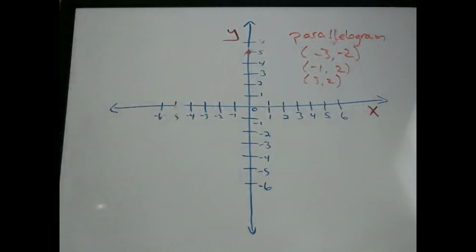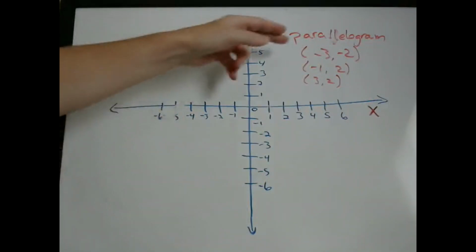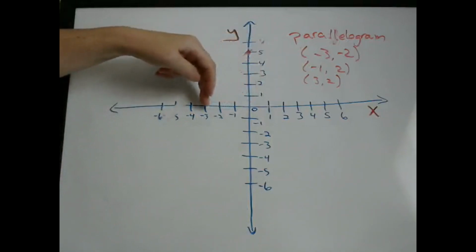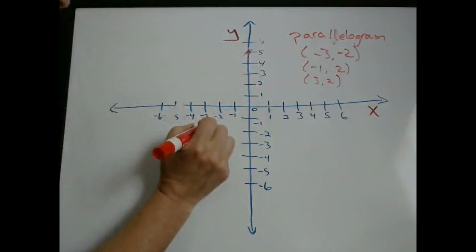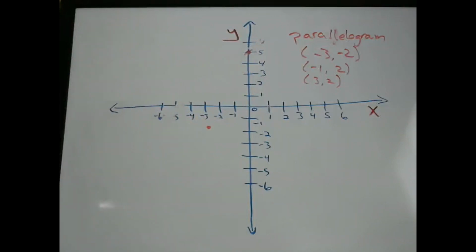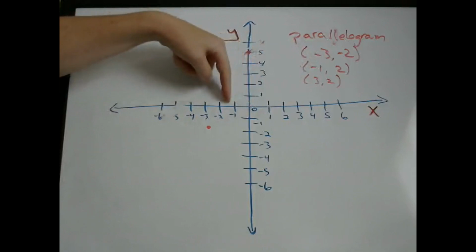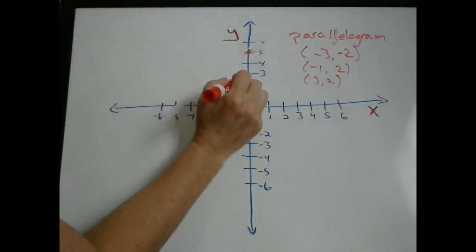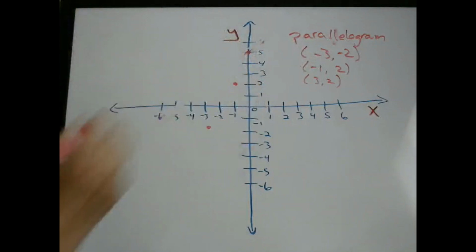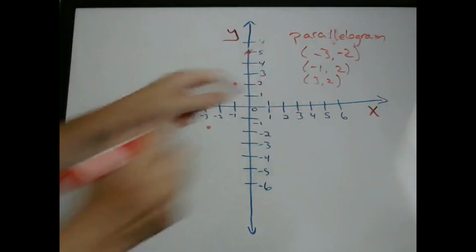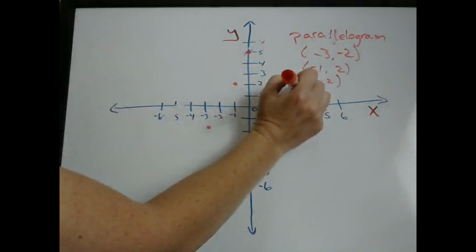So the first thing you need to know how to do is to plot these points. So -3, -2, start at the origin, 1, 2, 3, down 2. So that's right here. -1, 2, so -1, then positive 2 is up here. 3, 2, 1, 2, 3, 1, 2 is up here.